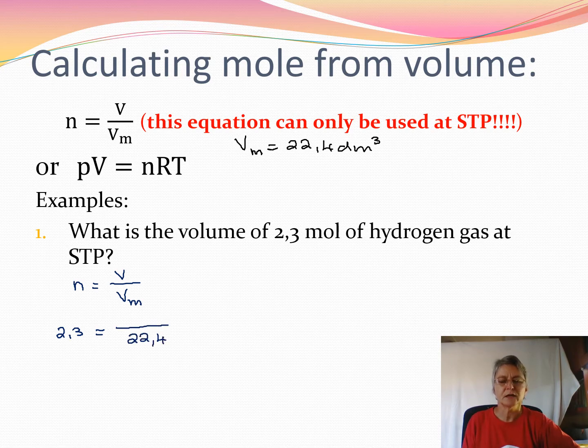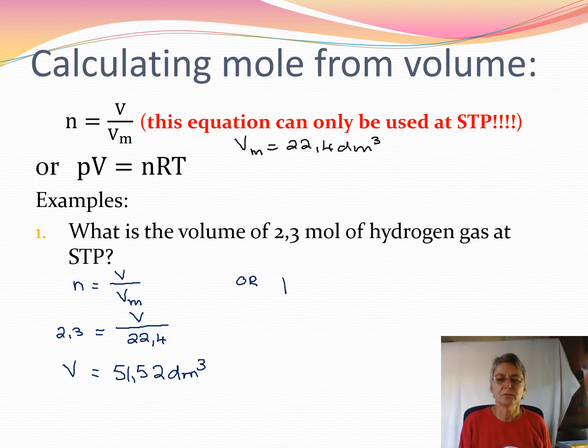Please don't guess this value, it is on the data sheet. And we want to calculate the volume of the hydrogen gas. So it is 22.4 times 2.3, which is 51.52 cubic decimeters.